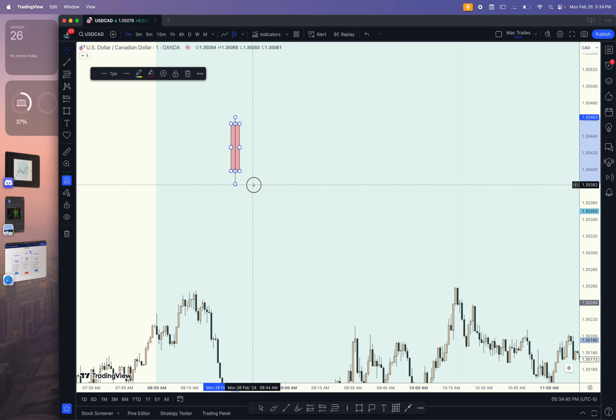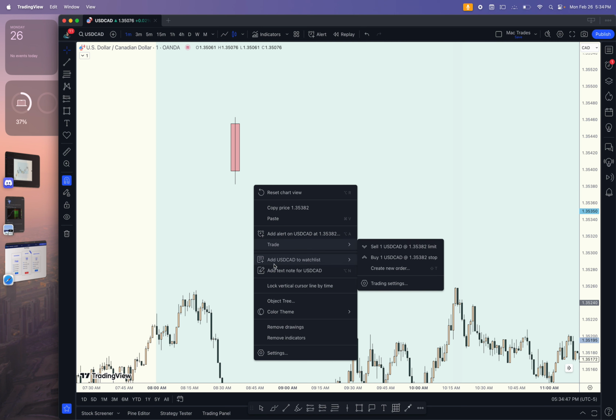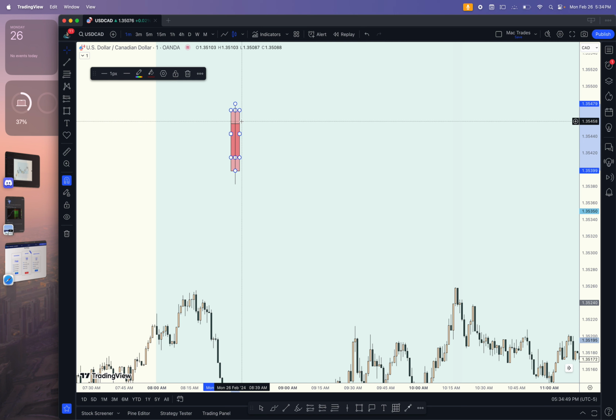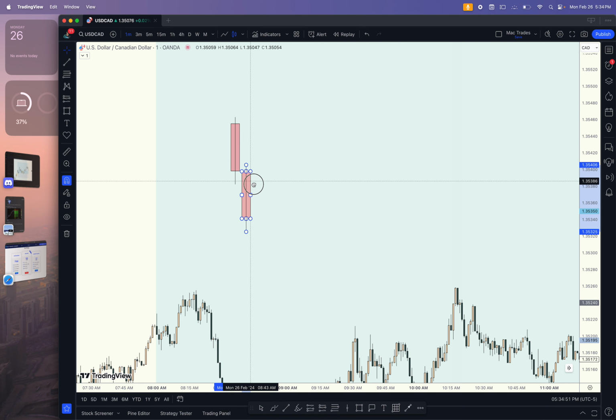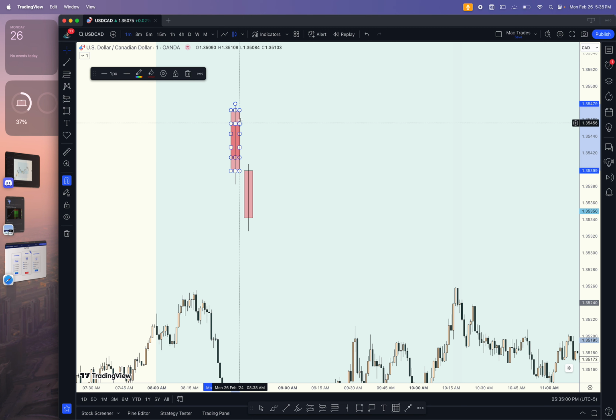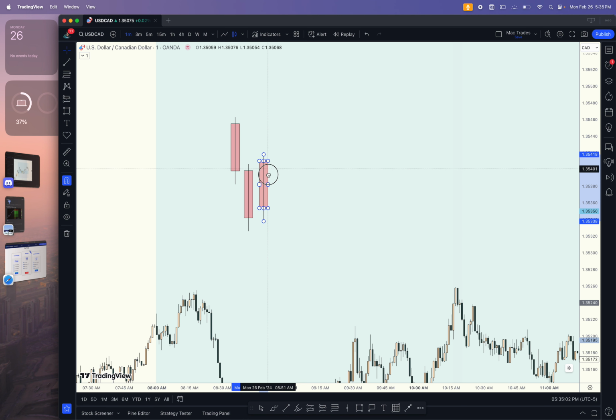Let's copy this, let's paste it here. Another way you could see it form, actually we can just paste another, there we go, it's like this.